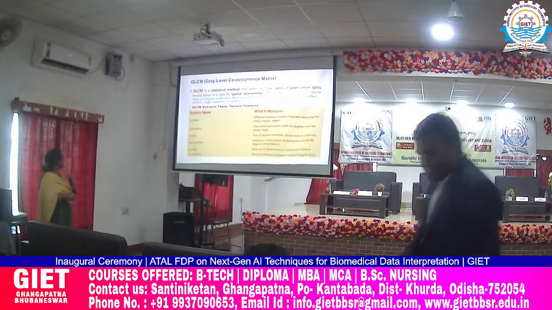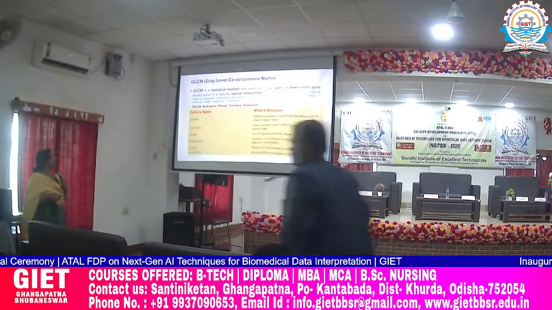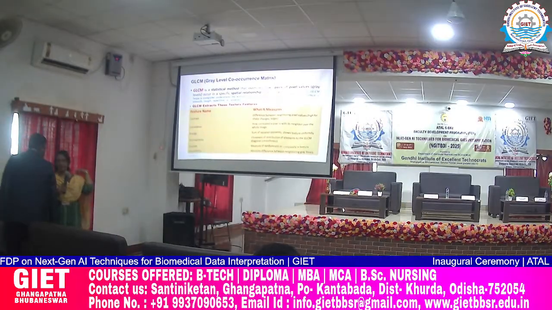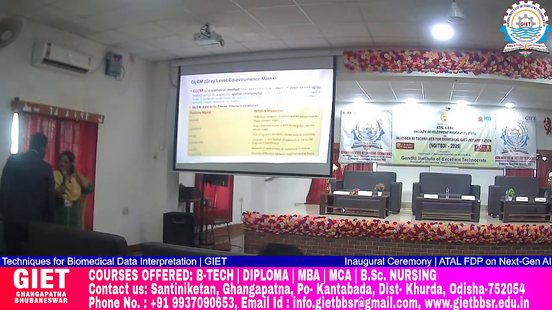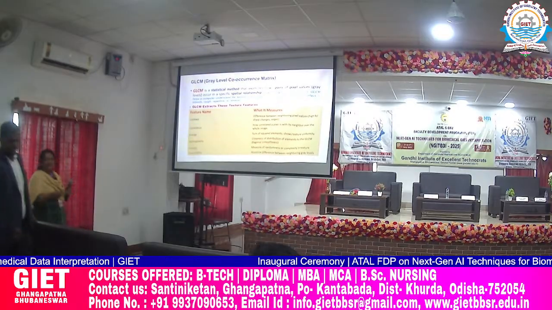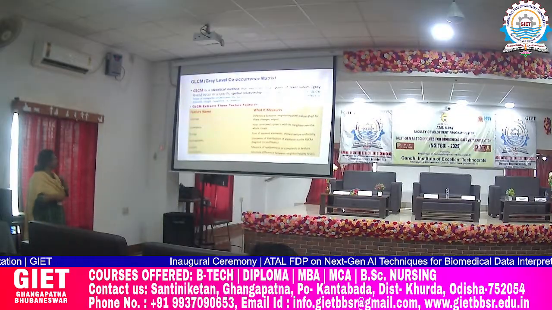Then correlation: how correlated a pixel is with its neighbor over the whole image. Here it is homogeneity, entropy, dissimilarity.